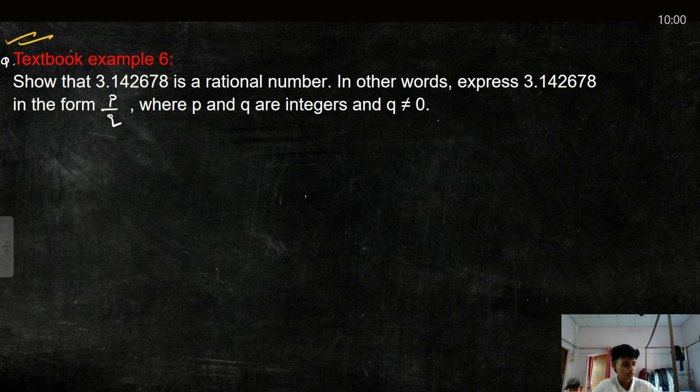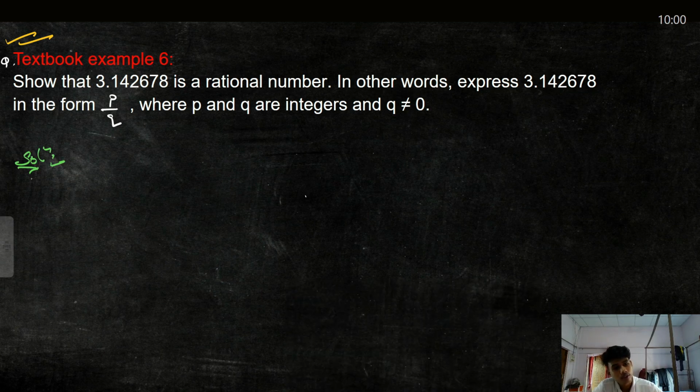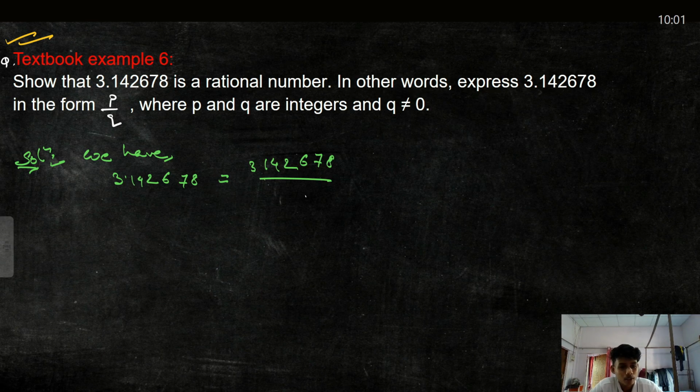Okay, now let's solve this question. Now here we have 3.142678, which can be written in the form 3142678 whole divided by 1 followed by six zeros, 1000000.